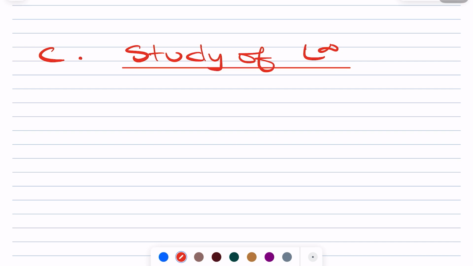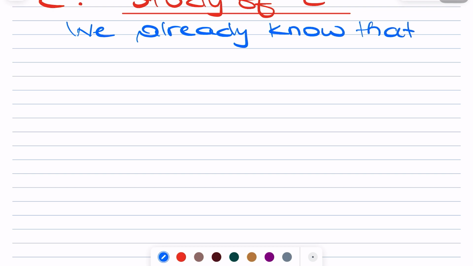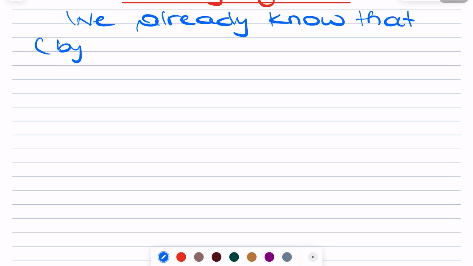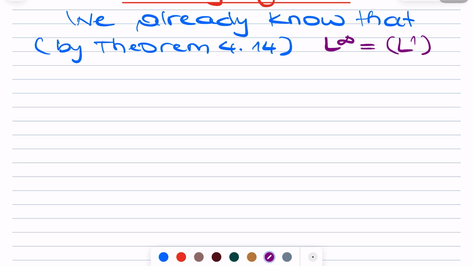Good. So let me just recall, we already know, by theorem 4.14, that L infinity is the dual of L1.